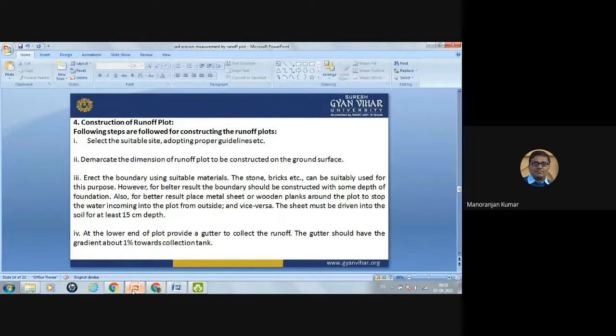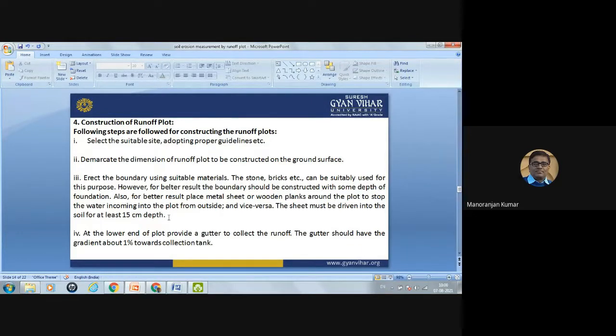Second, demarcate the dimension of the runoff plot to be constructed on the ground surface. Third point, erect the boundary using suitable material. Stone, bricks, etc. can be suitably used for this purpose.